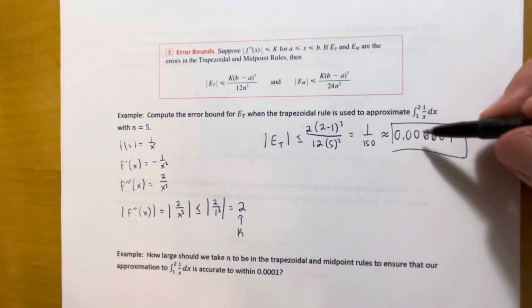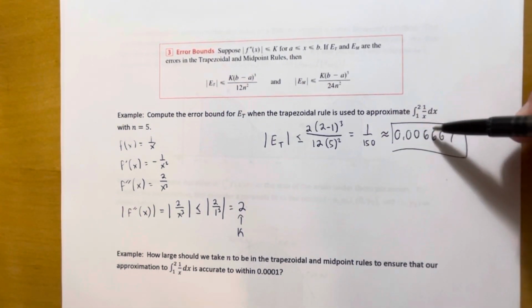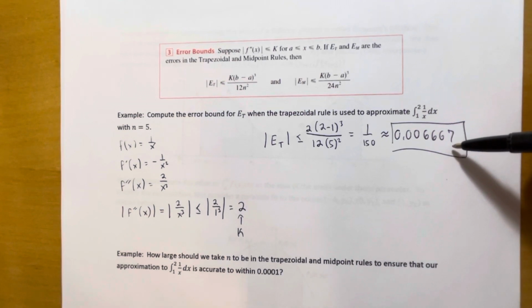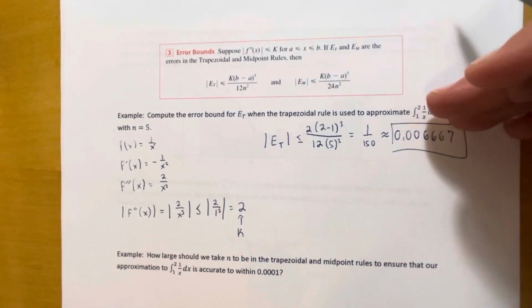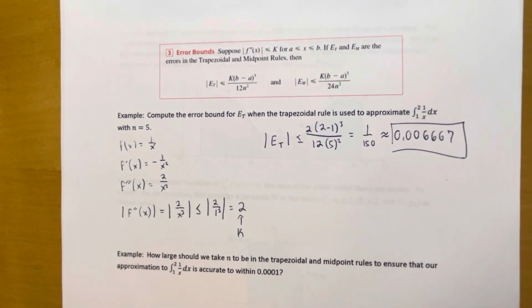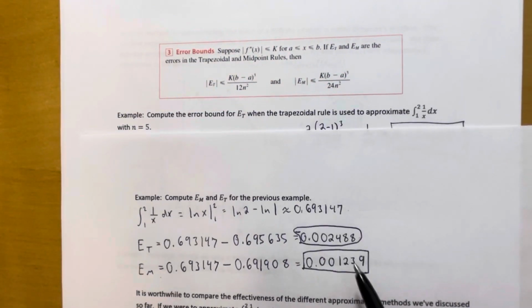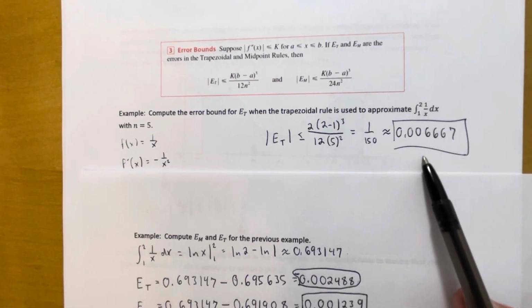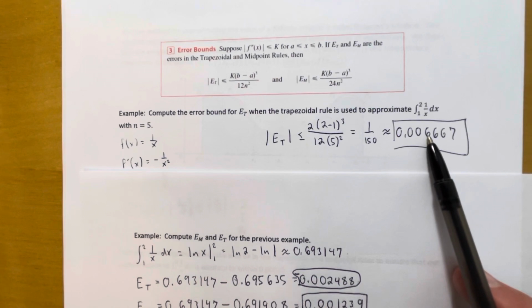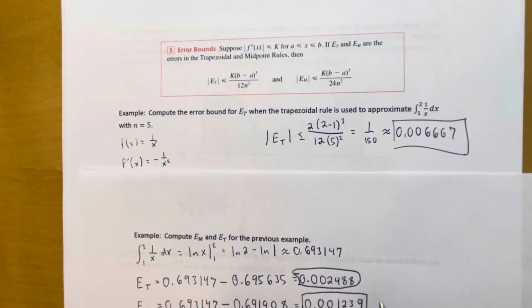Okay, so what this is saying is that this is the absolute most that our trapezoidal rule could have been off by. Now, if we look at the actual error, which we computed already in our trapezoidal rule over here, we had approximately 0.002, which is roughly a third of what that upper bound on our error is.